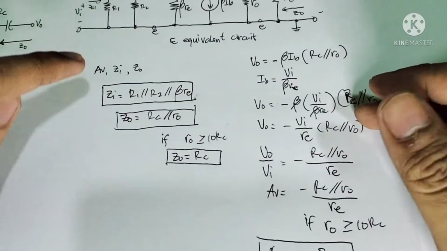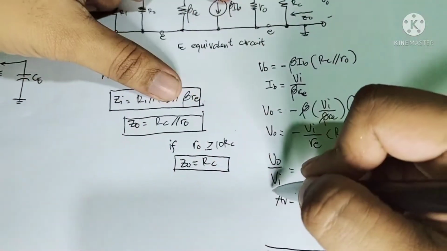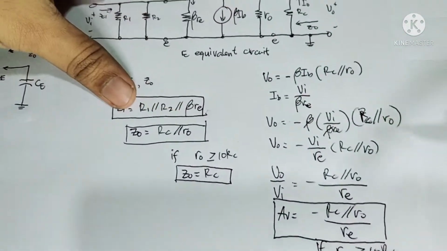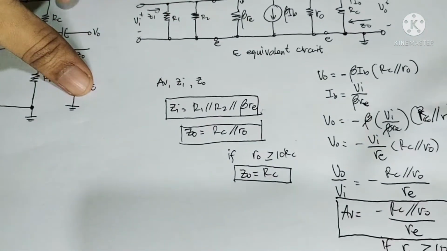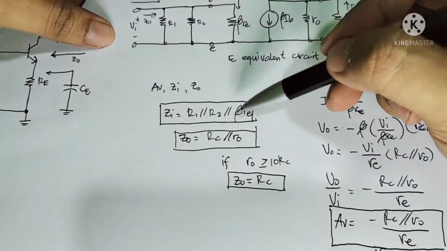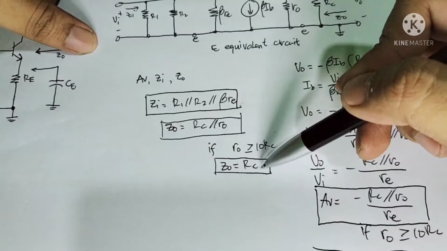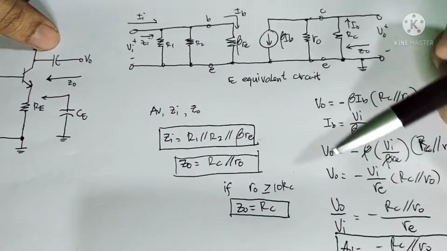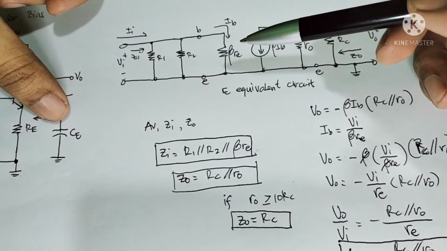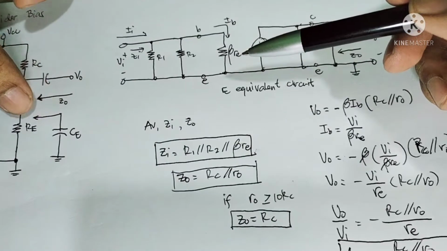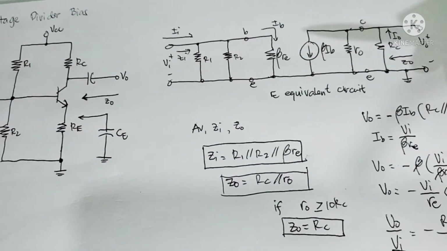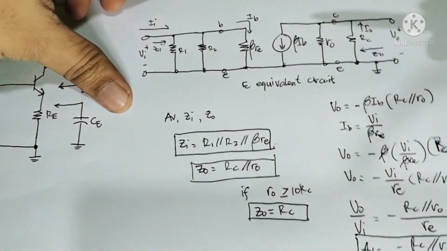You can use either this formula or the earlier formula to be more exact. This is the input impedance formula, this is the output, and this is the voltage gain. As you can see, the emitter capacitor is bypassed by the voltage divider, so that's why we omit R sub E.